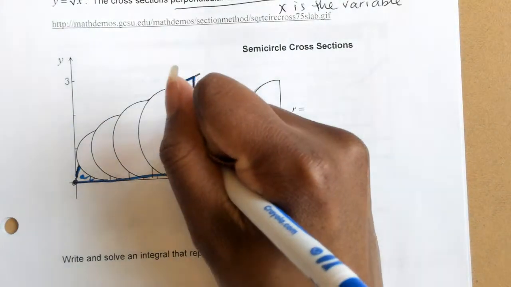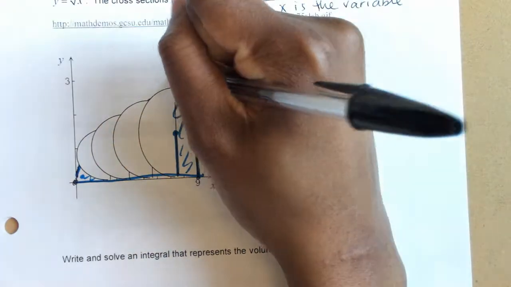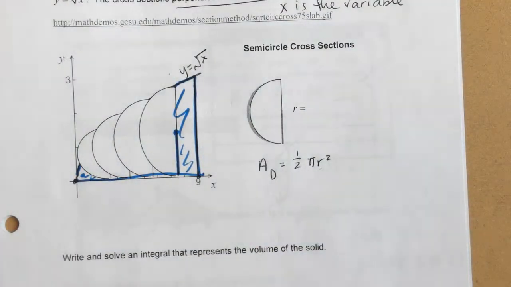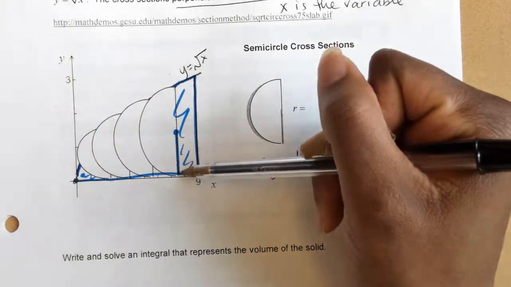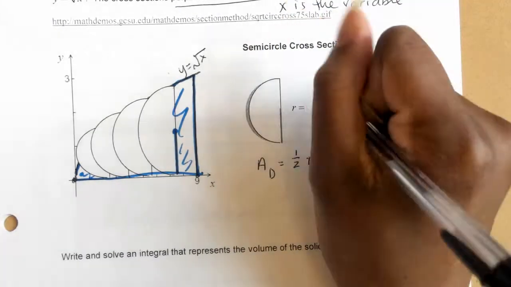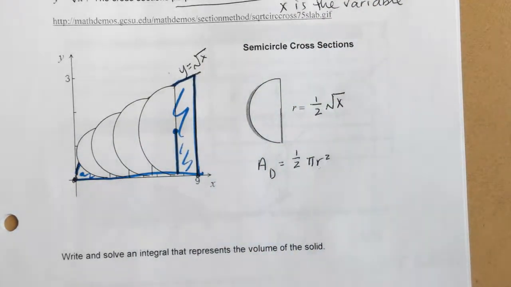R is from the center down, and we know that this line here is y equals square root of x. So r is only halfway from x to our line y equals square root of x. So r is only 1/2 of square root of x.